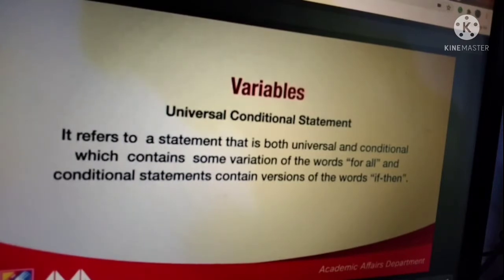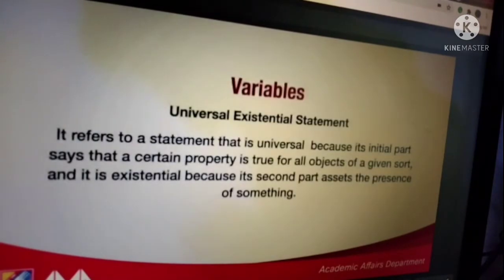Universal conditional statement. This refers to a statement that is both universal and conditional, which contains some variation of the words for all, and conditional statements that contains versions of the words if, then. To continue with variables, let us go to universal existential statement.